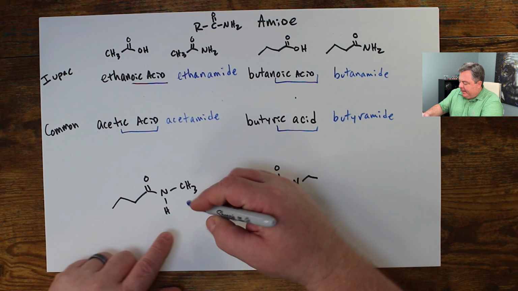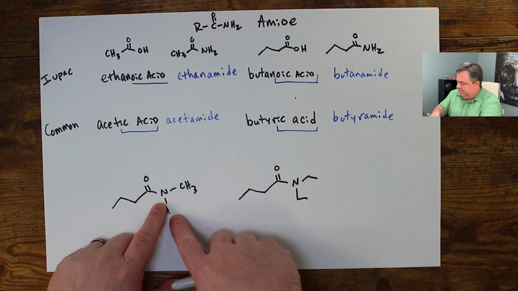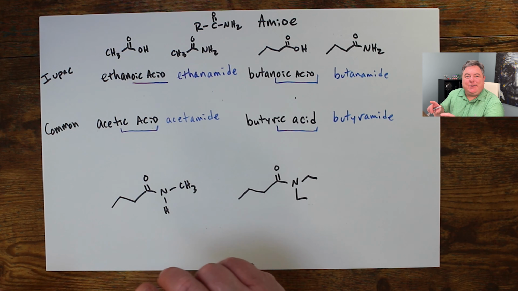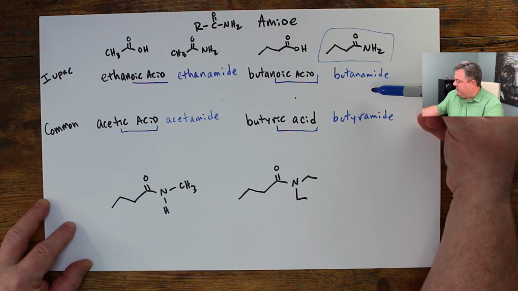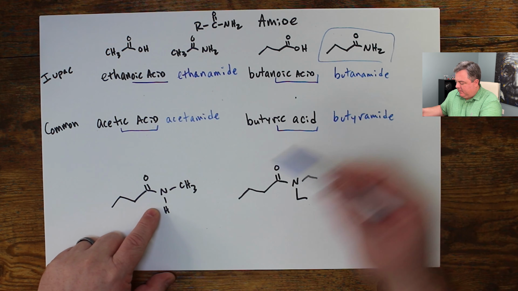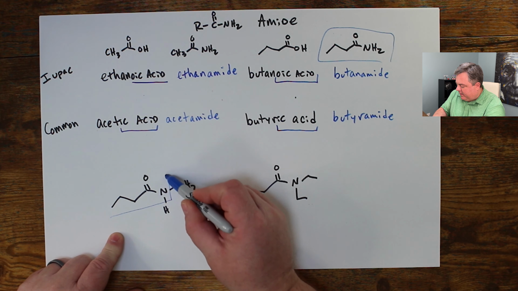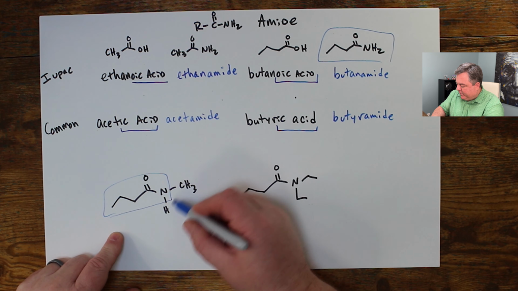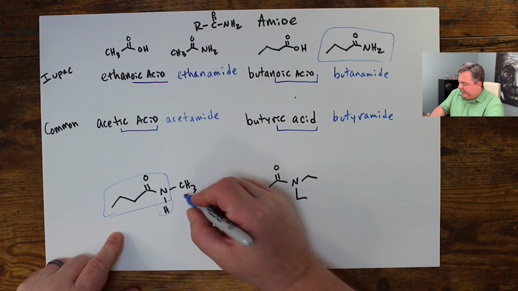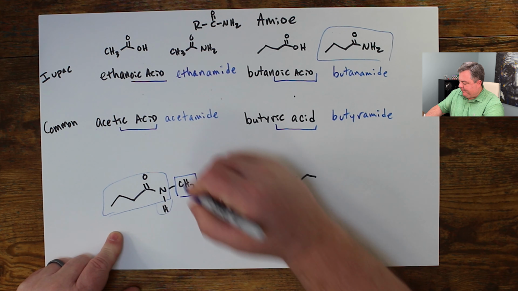Now, if I have an extra group on the nitrogen, here's how you name that. So remember, this is butanamide. So this part right here is butanamide if it had 2 hydrogens here. But this has an extra methyl group on it.